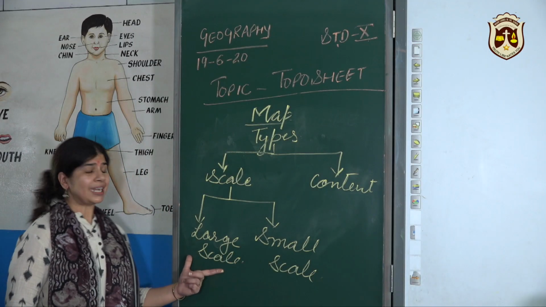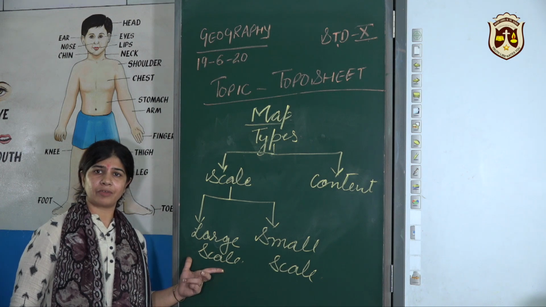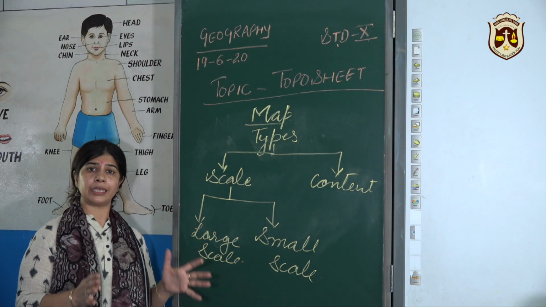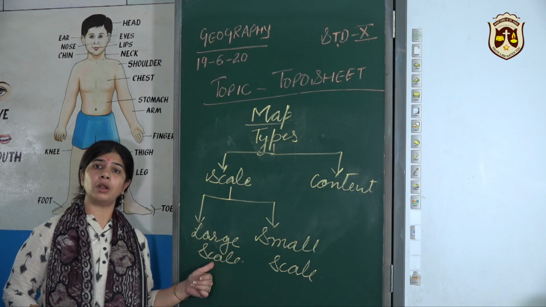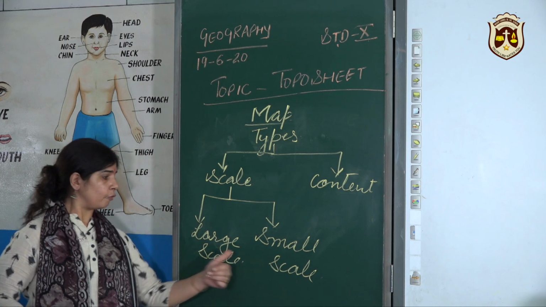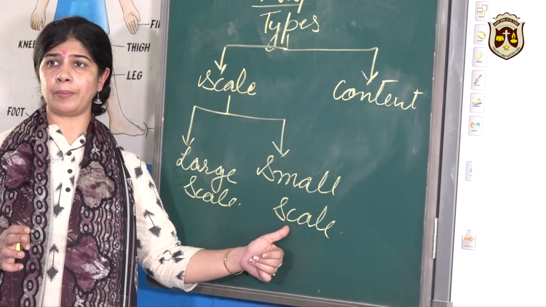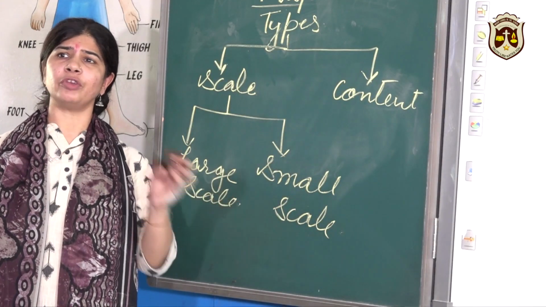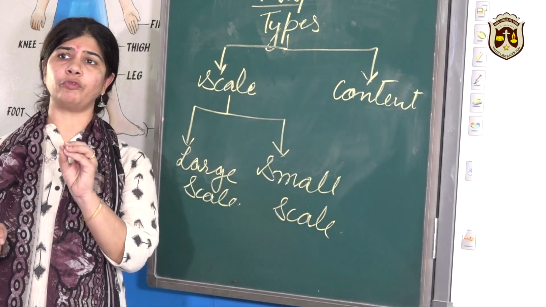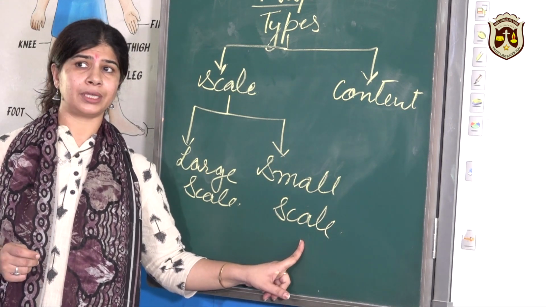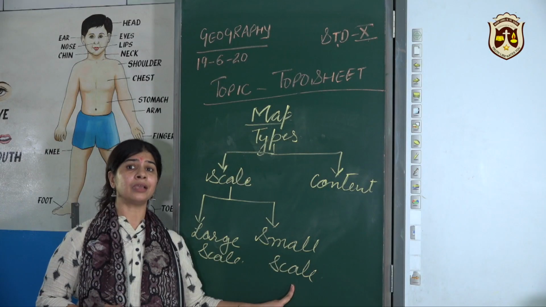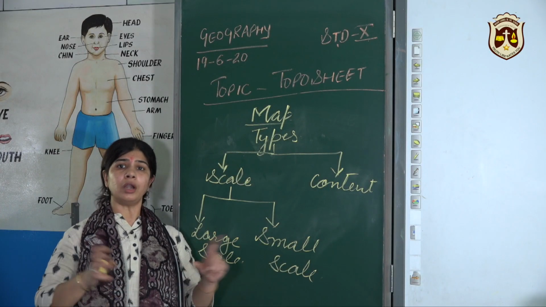Okay. What is a large scale map actually? When a very small area is represented with detailed information, it is called a large scale map. Whereas a small scale map shows a large area with very little information. So we cannot get detailed information from a small scale map, just like the map of India or the world map.